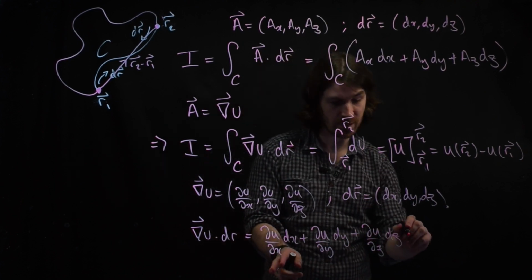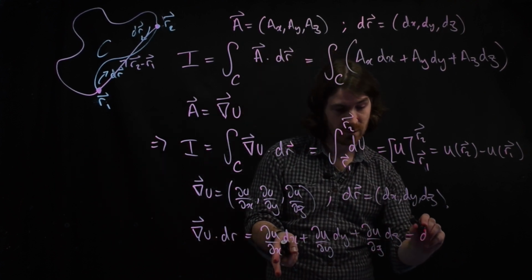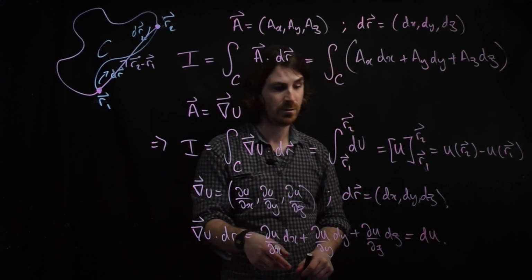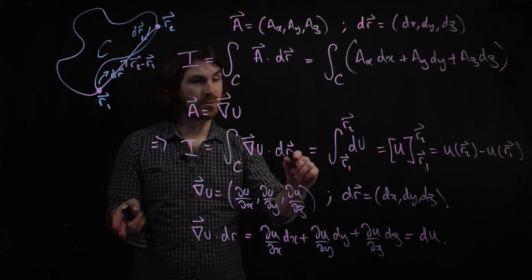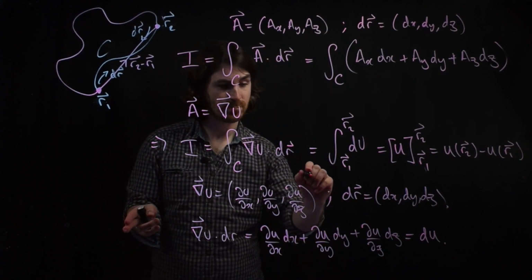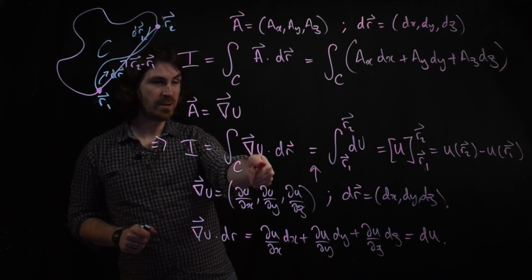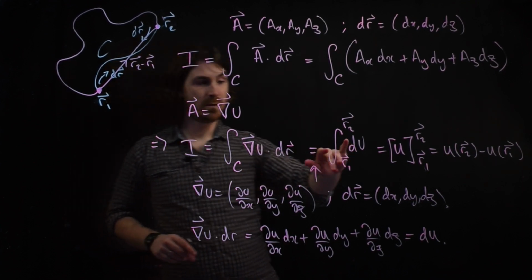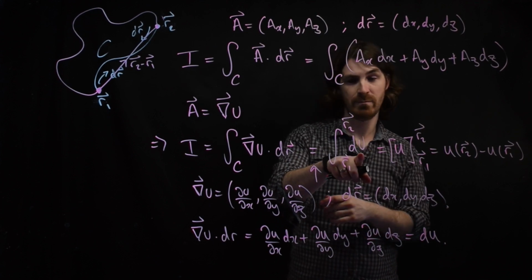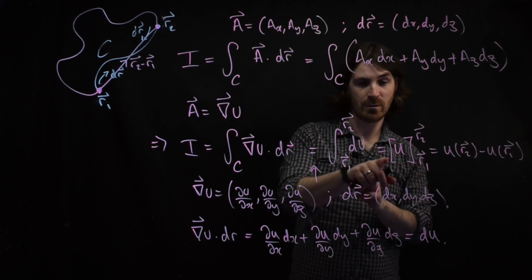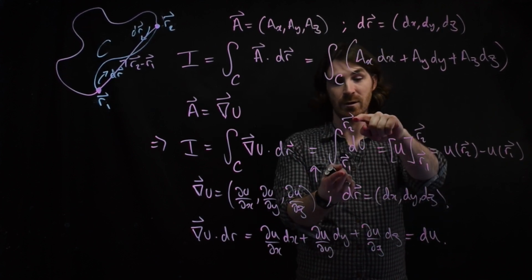And this is nothing other than the total differential du. So that's what's used here. So the gradient of u dot dr integrated is just the integral of du, which is just u evaluated at the two limits.